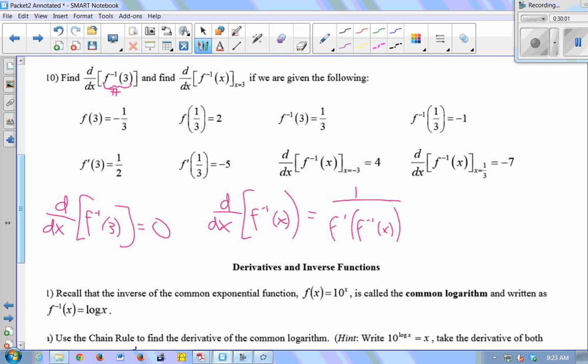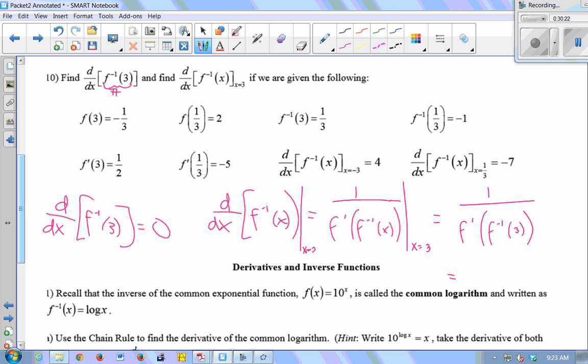So if I were to plug a 3 in there, evaluated at x equals 3, that's 1 over f prime evaluated at f inverse of 3.